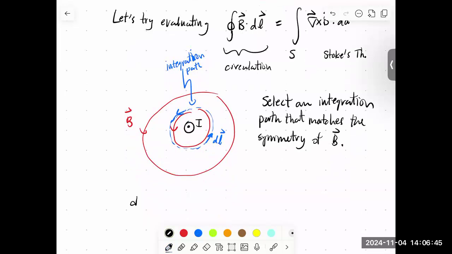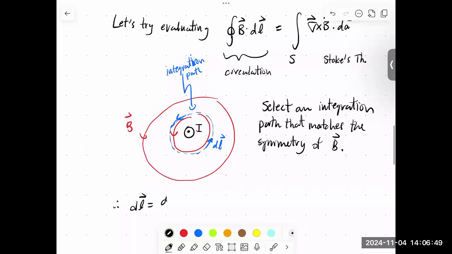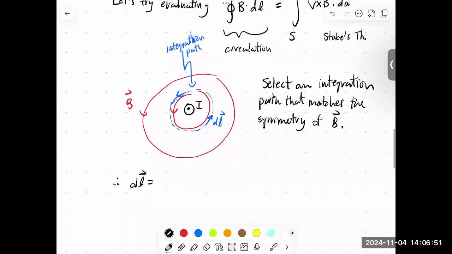In this case, for the path that we've chosen, dL has some magnitude, just dL, and its direction is in this phi hat direction. And B, we calculated last time, was mu naught I over 2 pi s, also in this phi hat direction.